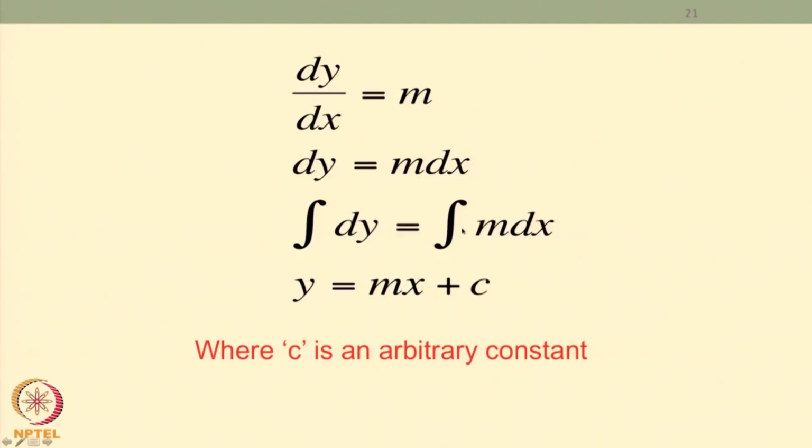Integral dy is the same as integral m dx, and y is mx plus a constant. This is that constant which we have to know. So, we have to know the m and we have to know the c, where c is an arbitrary constant.